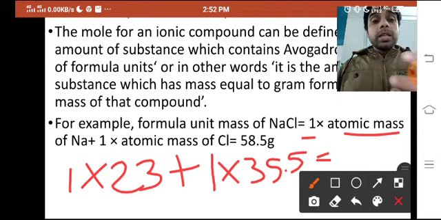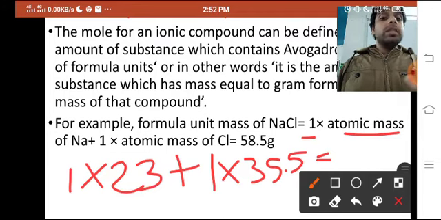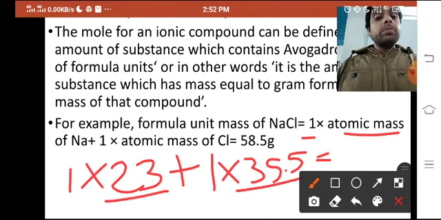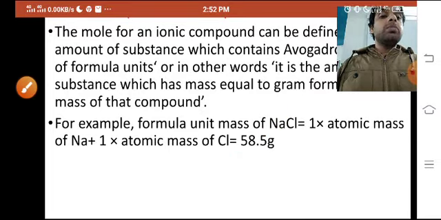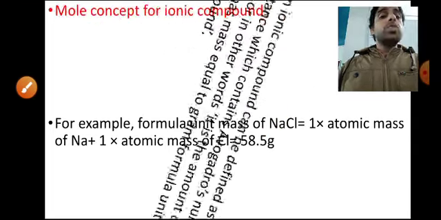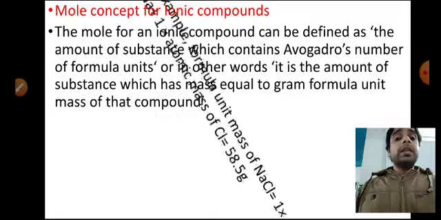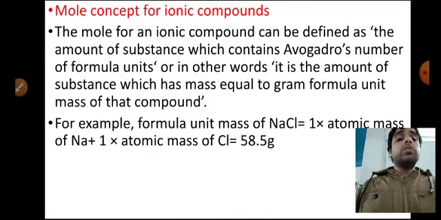When you become expert at calculating formula unit mass and molar mass, you need not write it every time. But this is an earlier step, so you have to learn it. So 23 plus 35.5 gives 58.5. This is the method by which we can calculate the formula unit mass of ionic compounds.